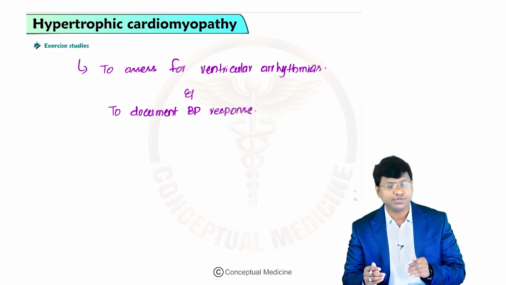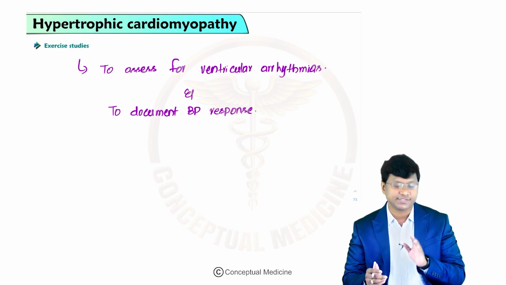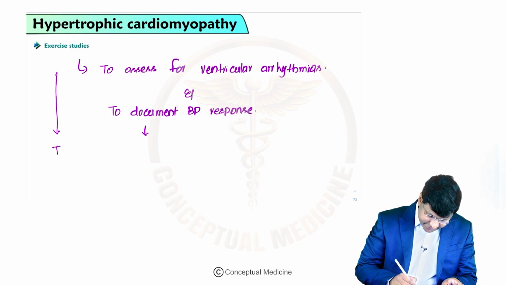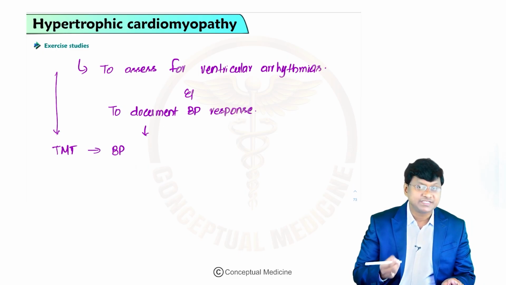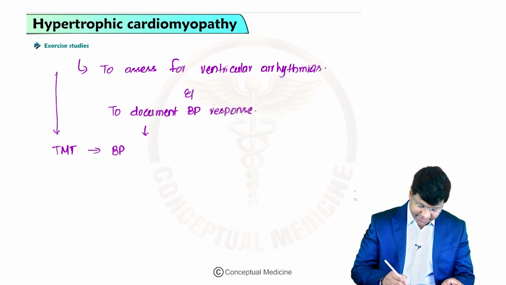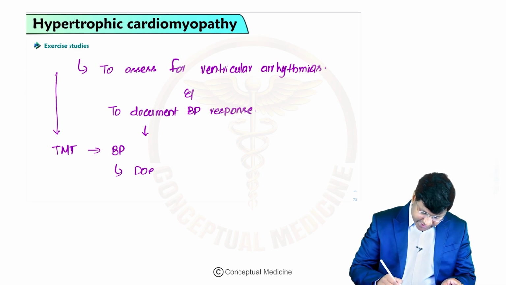So patients in whom the systolic blood pressure does not increase more than 20 millimeters of mercury during treadmill testing, they are also at risk. So during the treadmill testing, we need to see how much is the increase in blood pressure, right?